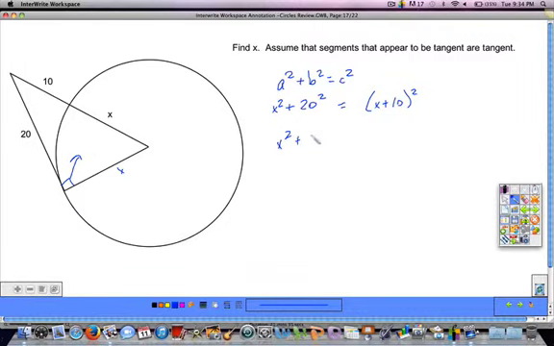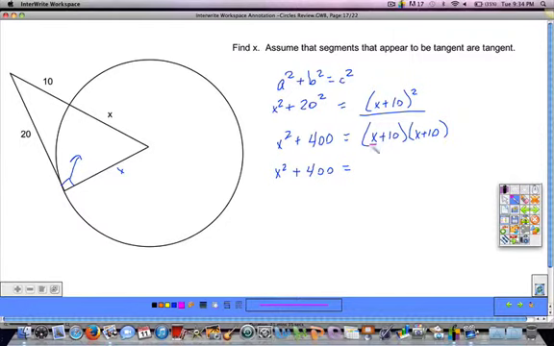So now I have x squared plus 400, right, equals, all right, now be careful here. That means x plus 10 times x plus 10. A common mistake here is to just write x squared plus 100. That won't work, okay? So I'm going to rewrite this. You can use the FOIL method here, or you can just simply distribute. I distribute.